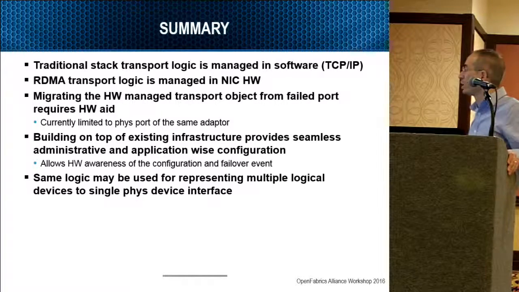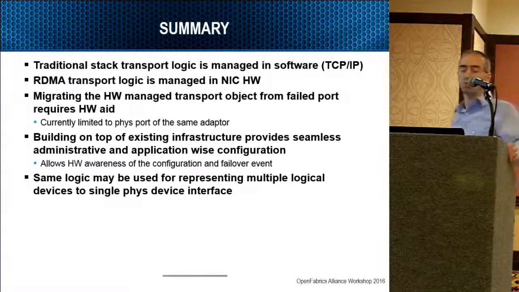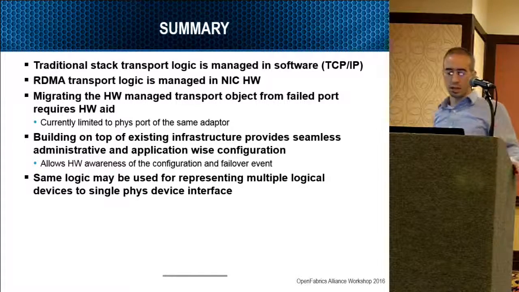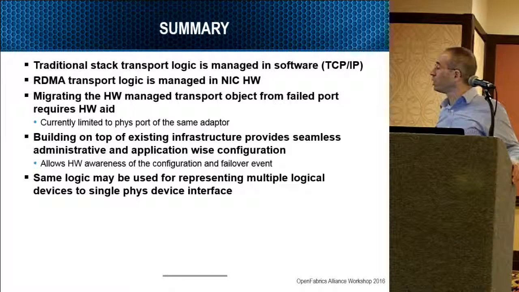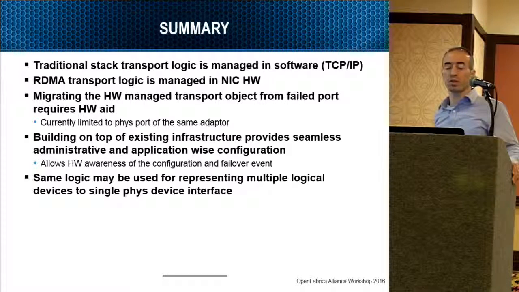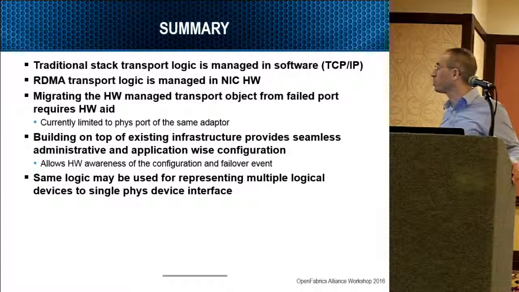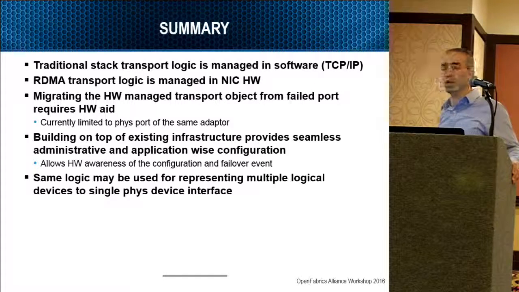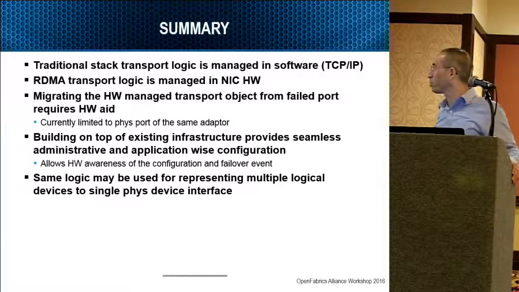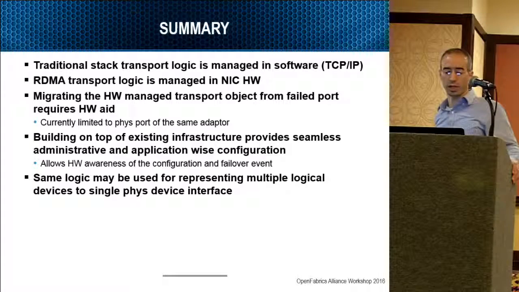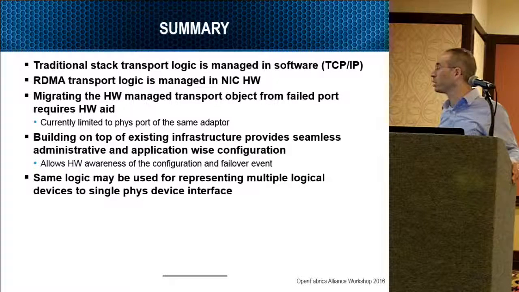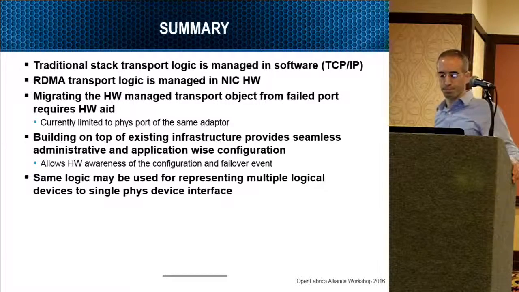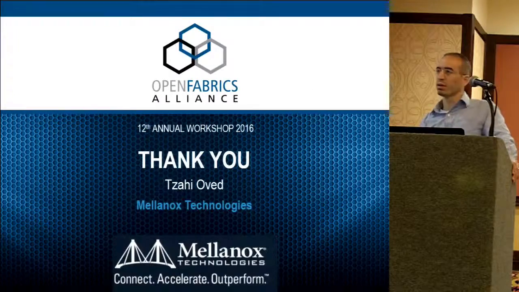And we can also allow hardware to be aware of a failover event and transparently move the hardware objects to the active port. And in the last part, we saw that we can use the same logic with multiple logical devices mapped to a single physical port for getting performance and for enjoying QPI bypass. That's it.